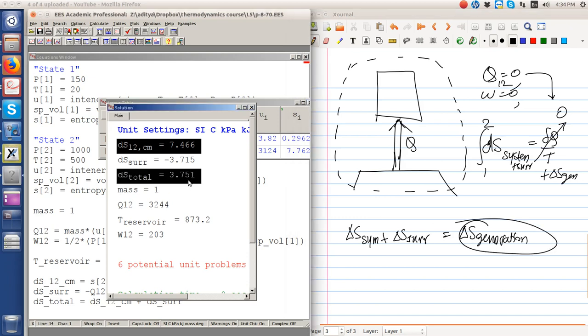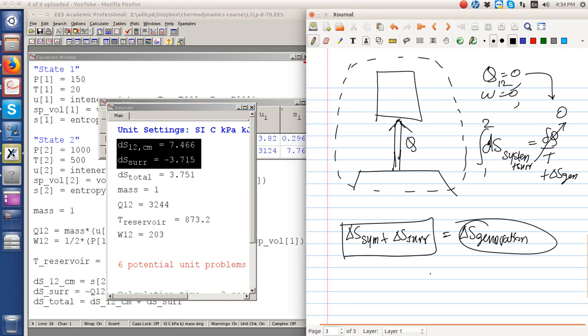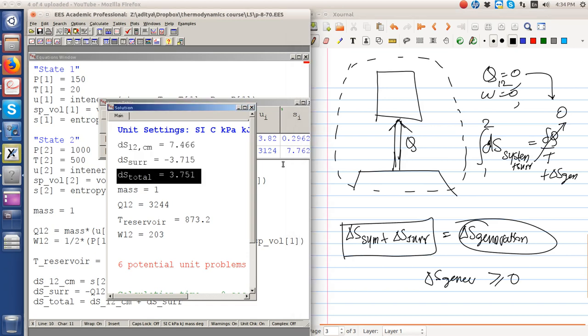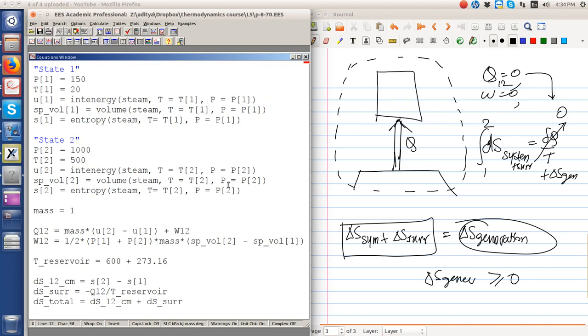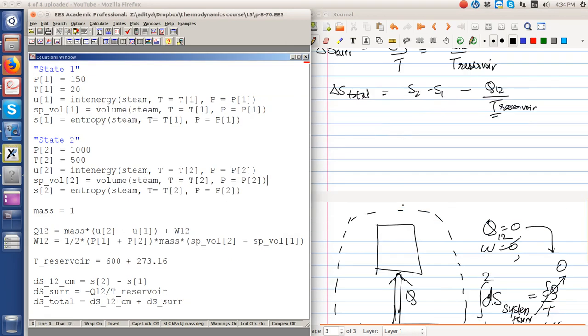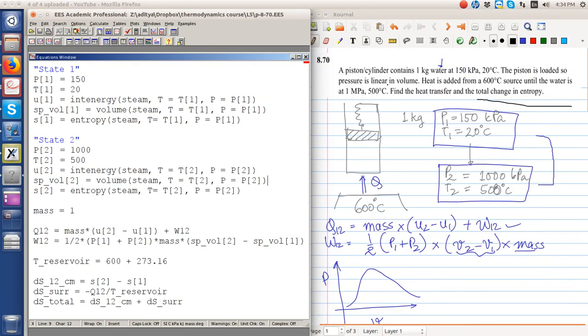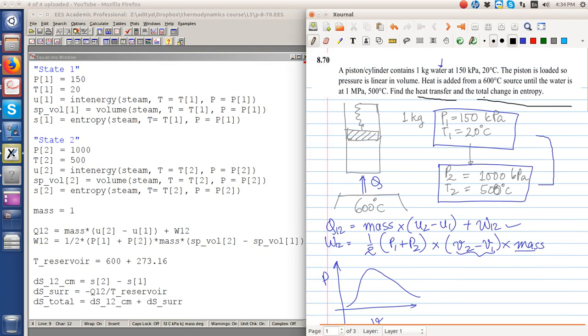So this is the ΔS total, the system plus surrounding. ΔS generation should always be greater than or equal to 0, which in this case is true. Thus the process is a perfectly valid process. We have found out all the parameters that were needed. We found out the heat transfer and the total change in entropy.